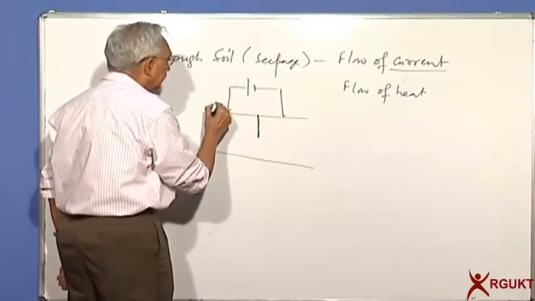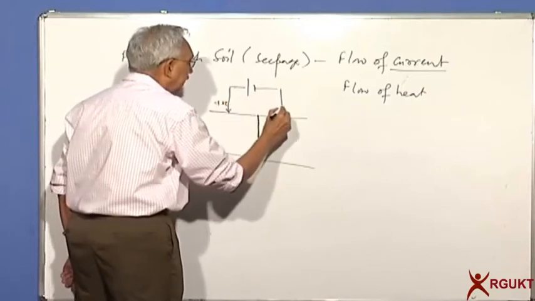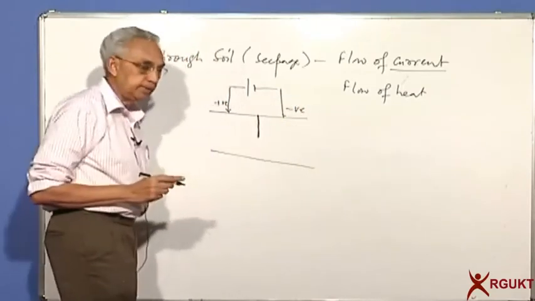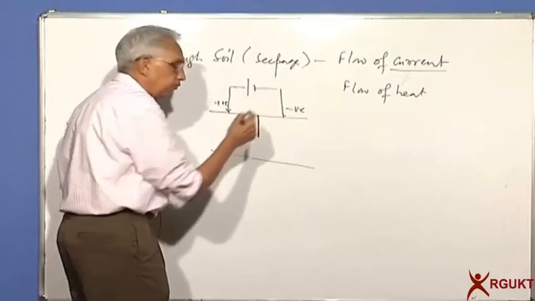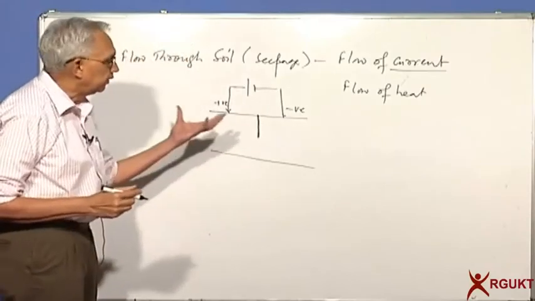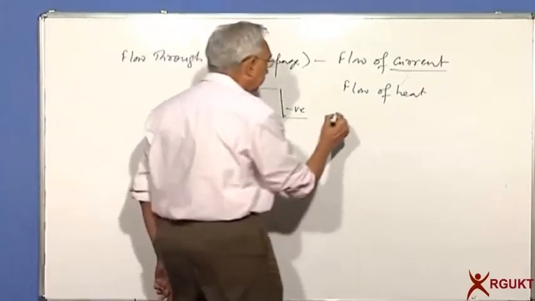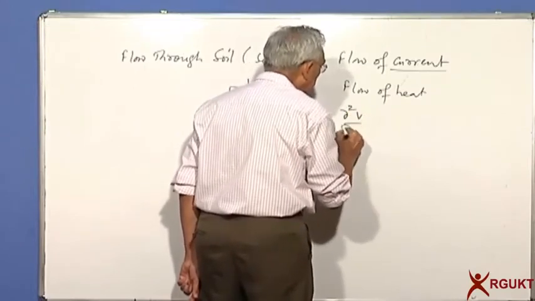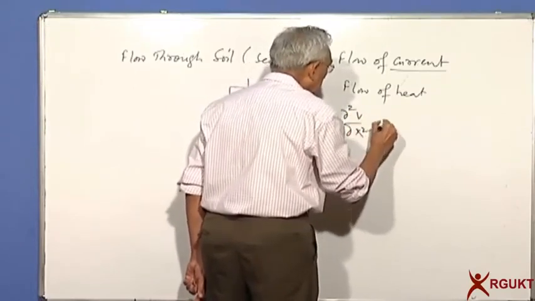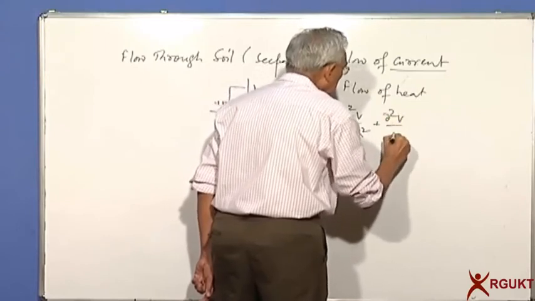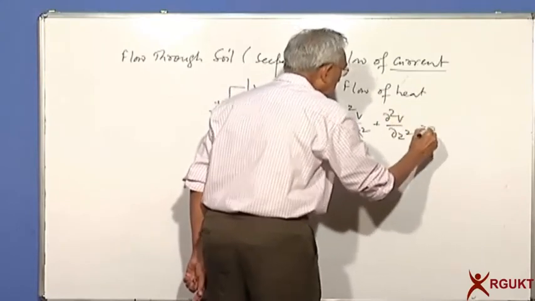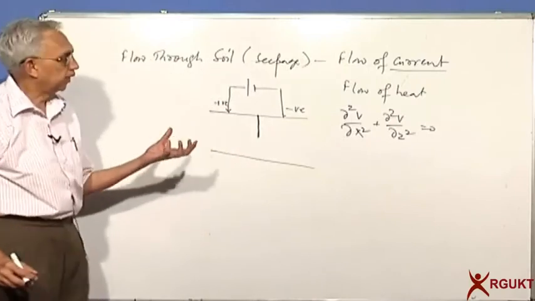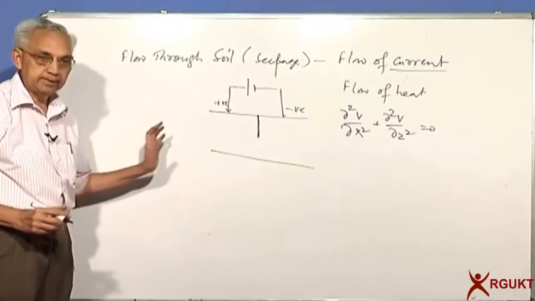So you have the positive and the negative nodes here, and the voltage will flow along this. And the equation is exactly the same. Instead of H, we'll have the potential, and so by measuring the potential, I can get the solution.